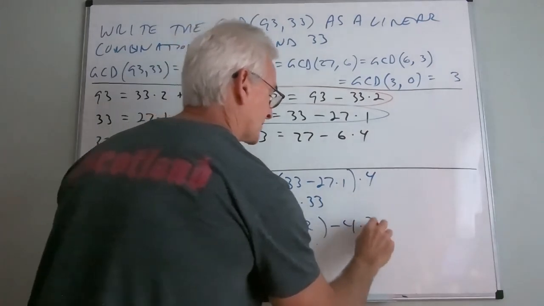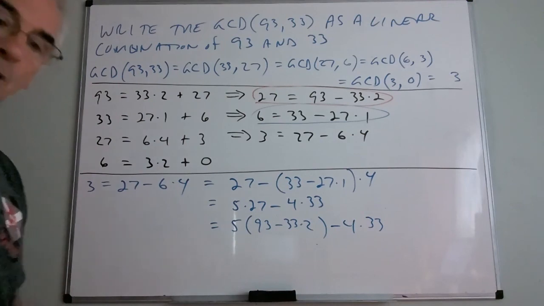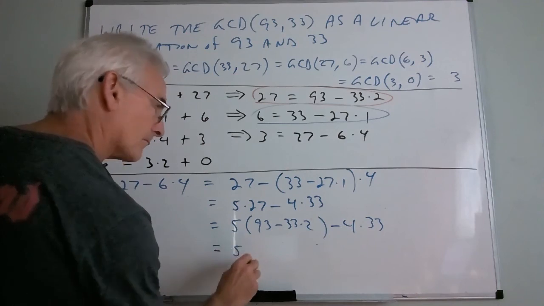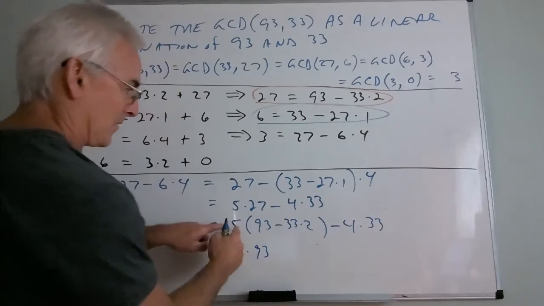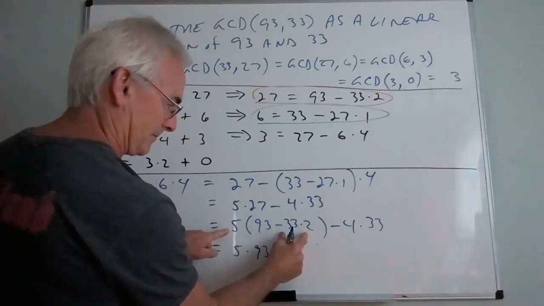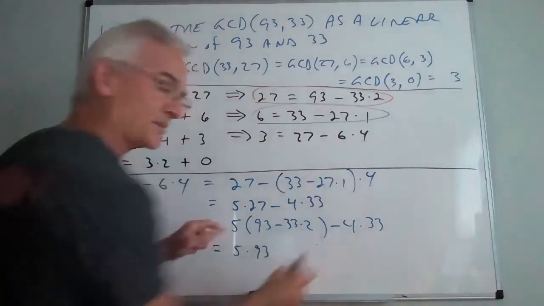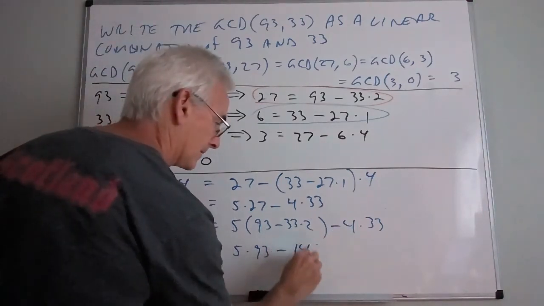Minus 4 times 33. Now I have 93s and 33s, which was my original goal, by the way. Okay, so how many 93s do I have? Looks like I just have 5. So I have 5 times 93. 5 times negative 33 times 2. So that's negative 10. Agreed? That's negative 10 33s. Minus 4 more 33s is what?